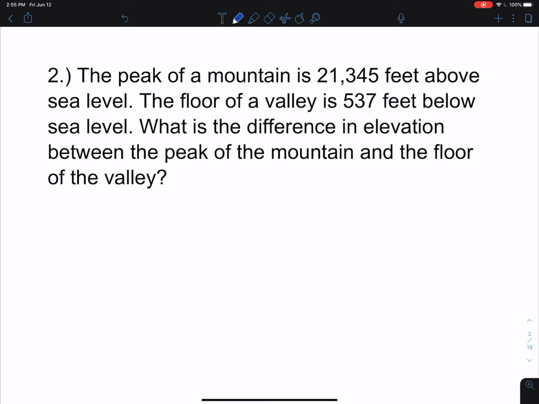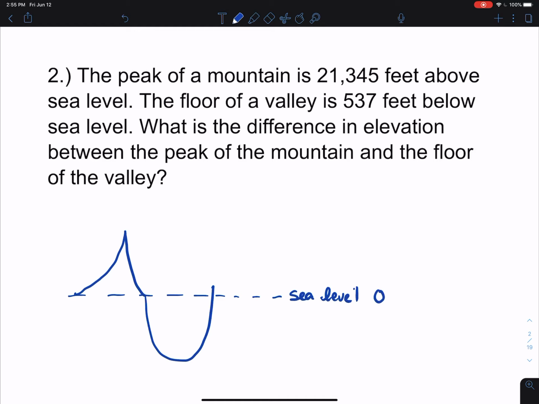So if I picture what's going on, I have a mountain and then I have a valley. And we'll kind of picture this even right where they are, break even, as that sea level. And we usually count sea level as 0. So they're telling me this peak of the mountain is 21,345 feet above sea level.